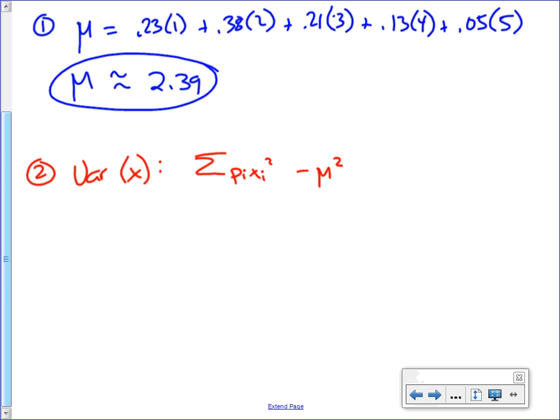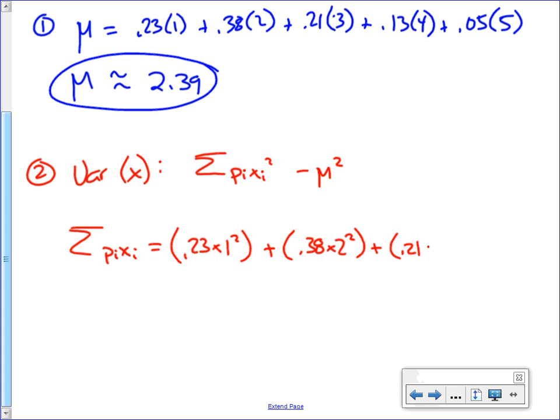So let's find the sum of p times x squared. It's going to be 0.23 times 1 squared plus 0.38 times 2 squared plus 0.21 times 3 squared plus 0.13 times 4 squared plus 0.05 times 5 squared.